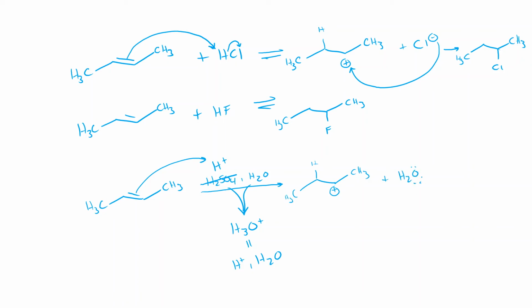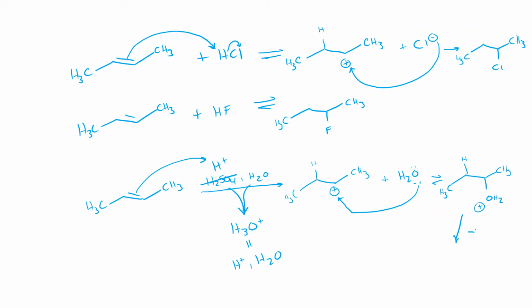And now we don't have a negative charge, but we have water, which is going to be our base in step 2. Water is going to come in and add to that. And so now we'll have the same result where we've made a new sigma bond with the carbocation. Fortunately, we have a positively charged oxygen now, which isn't going to be terribly stable.